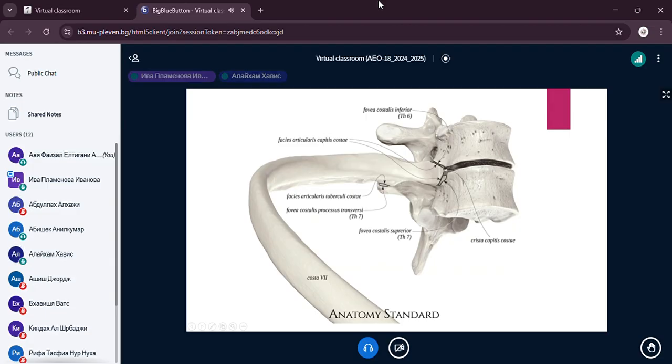On the body, we have two costal facets, one superior and one inferior for the head of the rib. On the transverse process, we have one costal facet for the tubercle of the rib, right? The thoracic vertebrae are the only ones that have the facets for the ribs.